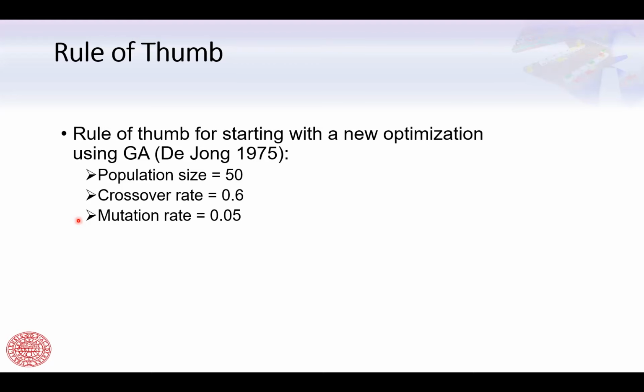So for 100 bits, with this mutation weight you will expect just 5%, which means only 5 of the bits will be mutated in the binary string. This was a recommendation from the very beginning of genetic algorithm history.